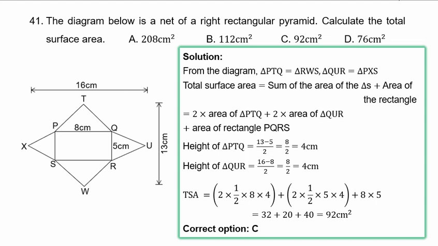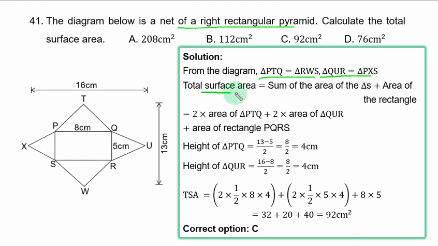Question 41. The diagram below is a net of a right rectangular pyramid. Calculate the total surface area. Solution. From the diagram, these two triangles are equal and these two triangles are also equal.